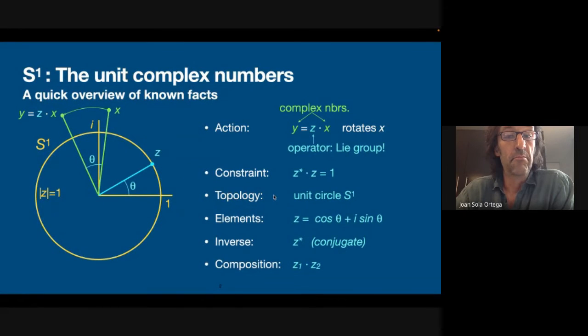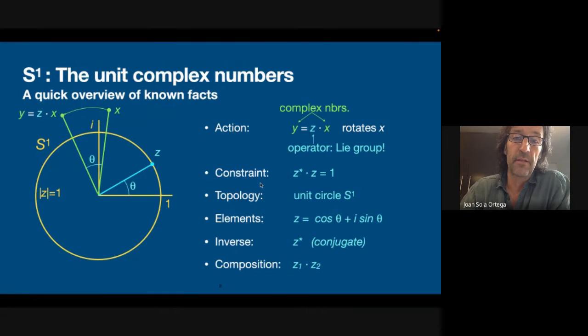No surprise for the complex plane. This is well known. But all of these keywords, action, constraint, topology, elements, inverse, even the identity element, belong to the theory of Lie groups, which is what we're going to explain. There are other examples a little bit more involved than this one.